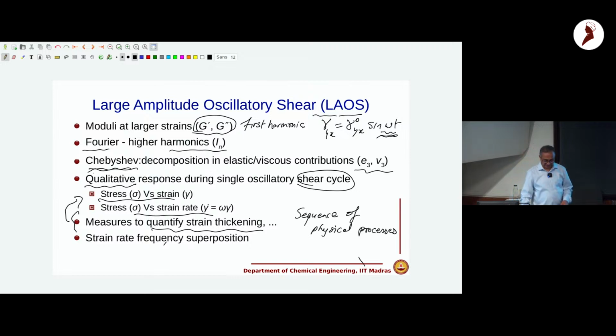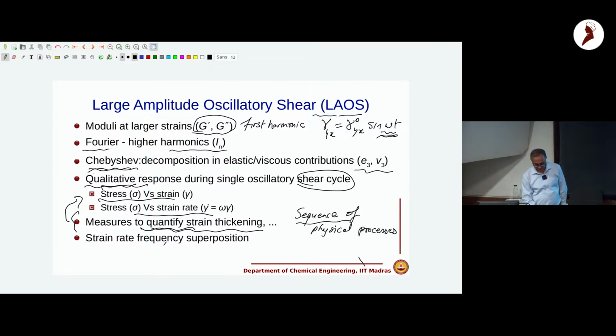But now when you are trying to get some of these measures, what you do is you find slopes at some selected points, and then you try to find some stiffening ratio or thinning ratios and so on. So though you have the whole cycle with you, you are just taking point measurements and evolving a measure. So the Lissajous plot is one way of looking at it, but it's directly stress and strain.